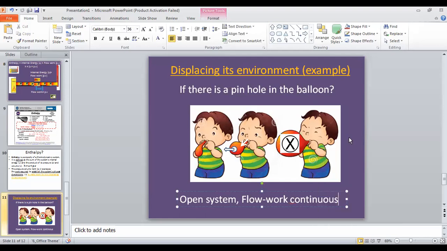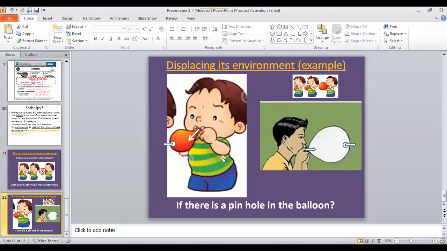So, open system. There is some continuous flow. Take the flow work out, the continuous flow, or let's say steady flow. It won't blow up to the fullest. Steady flow, like this.